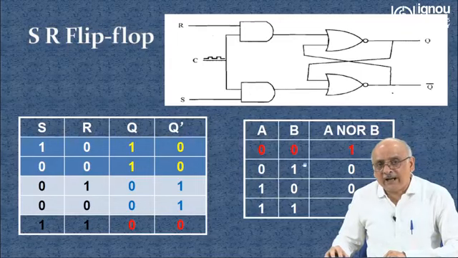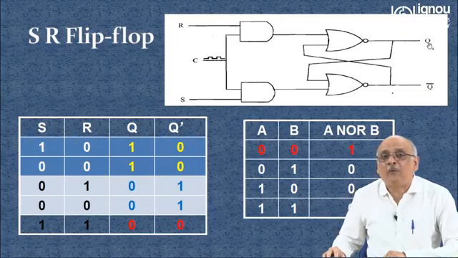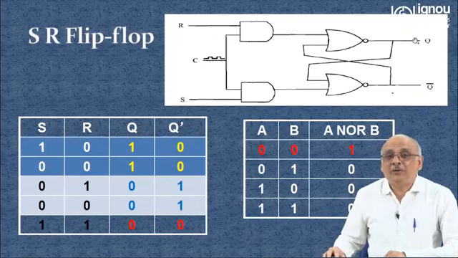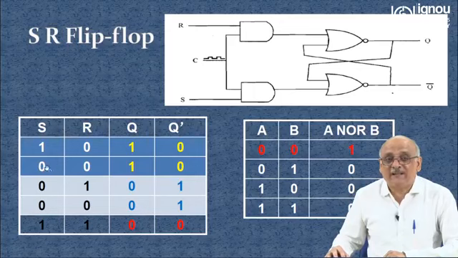So any of the input is 1, what does it mean? Q bar will become 0, and since Q bar becomes 0 as well as R was 0, this particular flip-flop will move to state 1, 0 and 0. So this input is 0, this input is 0, both inputs are 0, so Q will become 1. And Q will stay at 1 even if this particular S goes to 0 because of the first state.